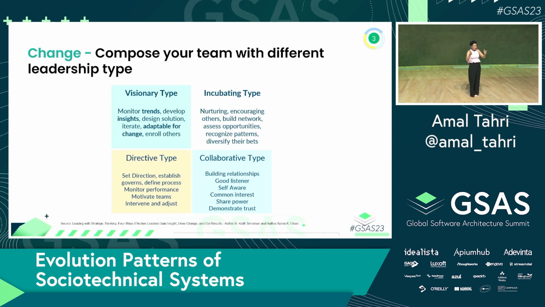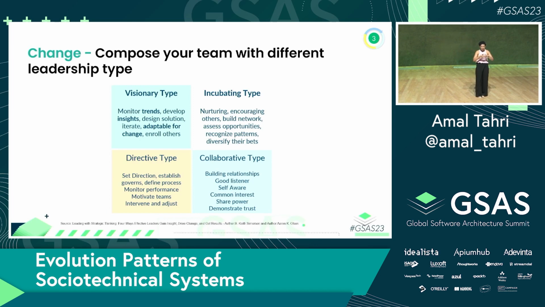He would define the process and make sure things were executed. And the final type of leadership is the collaborative type. He's the one who is self-aware, creating trust among the different team members, and sharing power. There's no power involved when you're doing this kind of workshop.